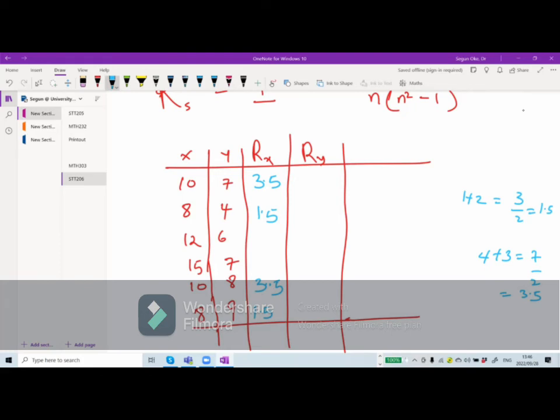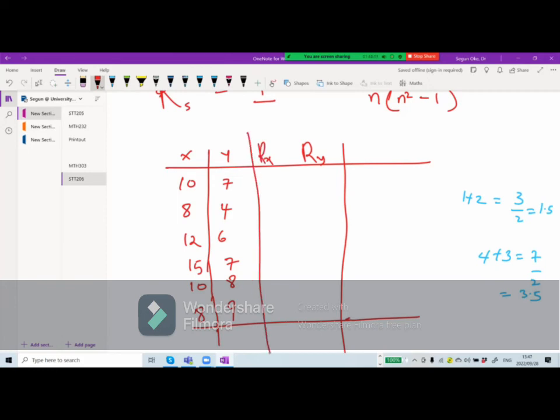You are lost. Yes. Okay, let's start again. Don't worry, I know what to do now. I will do the ranking with another marker so that you guys will get it. This is R. Okay, let's do it this way.